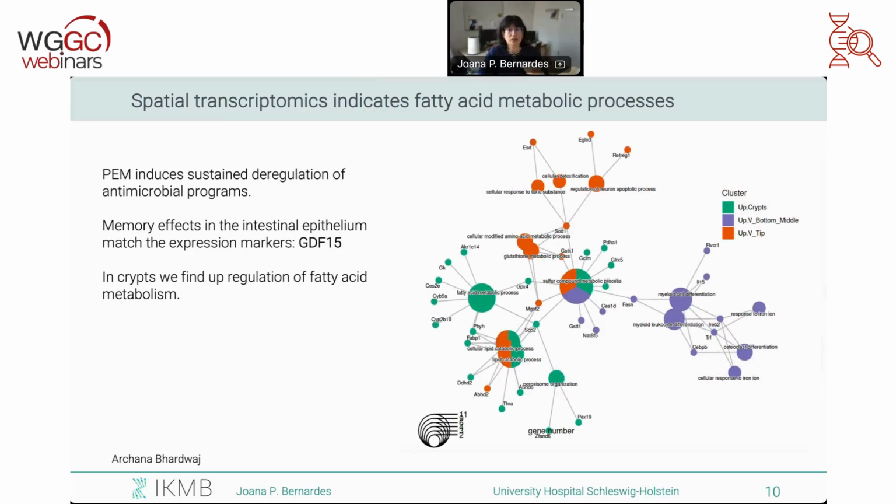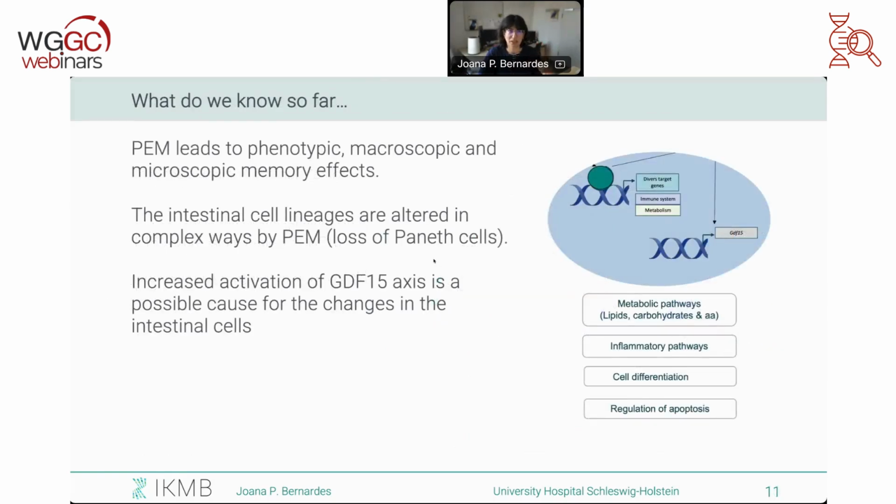So going on, now I'm just going to take a little bit of a break. What do we know so far? We know that there are phenotypic effects of protein energy malnutrition. We know that Paneth cells might be behind this, so the cell lineage is altered. We don't know if it's because these Paneth cells are not differentiated or if they are actively dying.